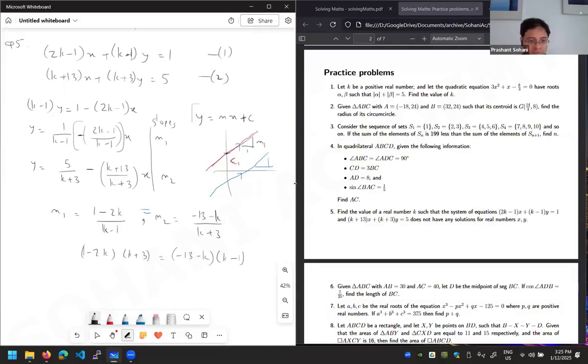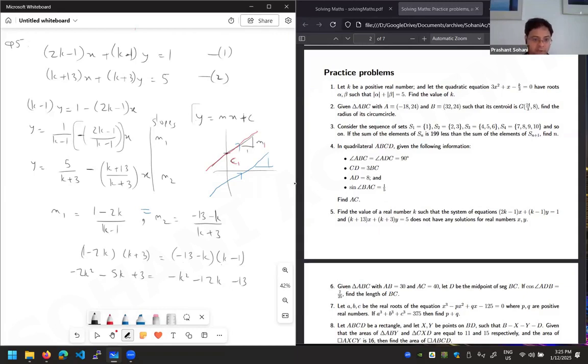Okay, so let's say we expand the brackets. On the LHS, I'm going to get minus 2k square plus k minus 6, so minus 5k. And on the RHS, I'm going to get minus k square minus 13 plus 1, so minus 12k.